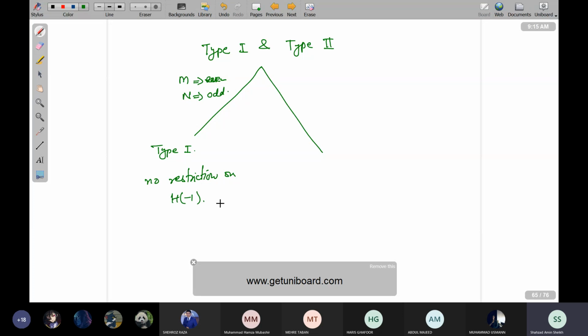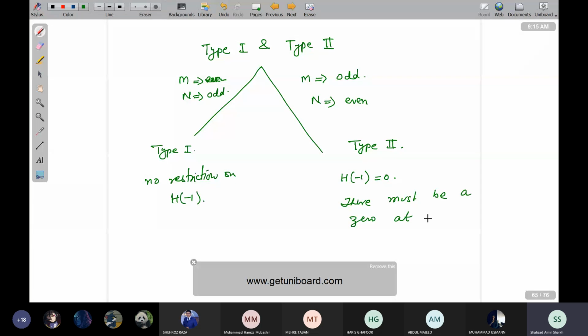If there is any 0, okay, fine, but there is no restriction on h of -1. And here for m odd, that is n even, that's type 2, and we have concluded that h of -1 must be equal to 0, which indicates that there must be a 0 at z is equal to -1.